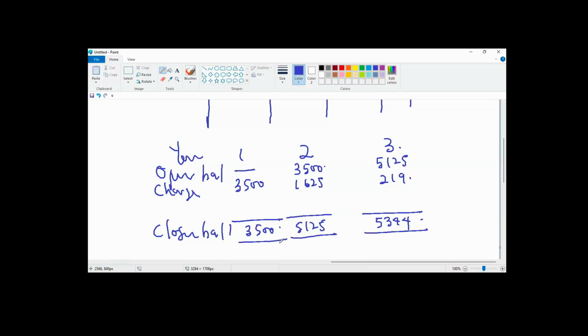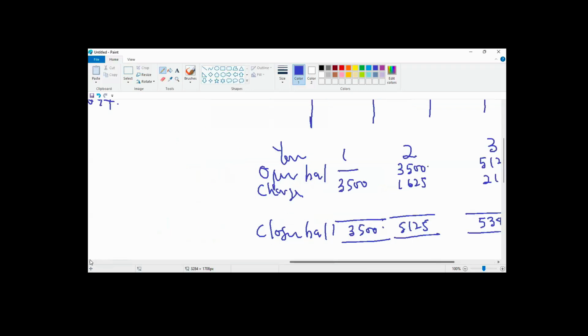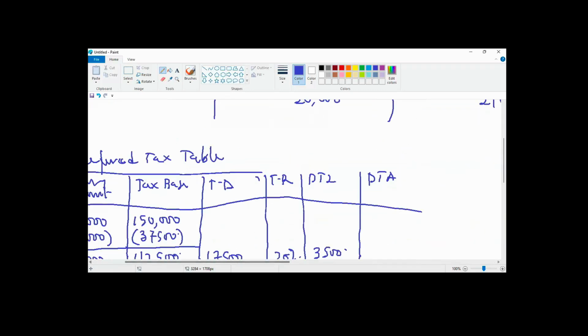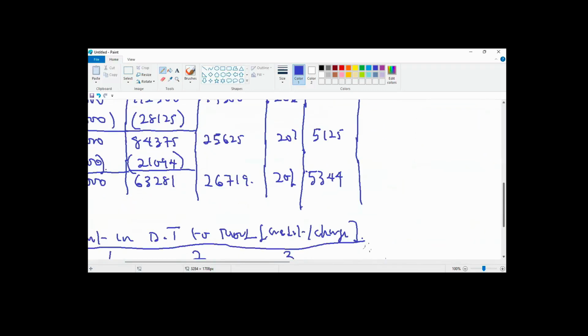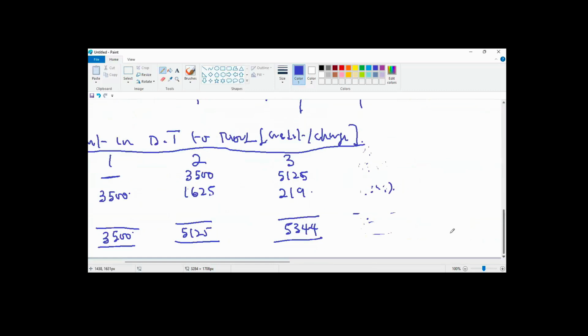What is the difference between this and the other one? In the other one, we had known the closing balance and the opening balance, so we only subtract the closing minus the opening to get the charge.